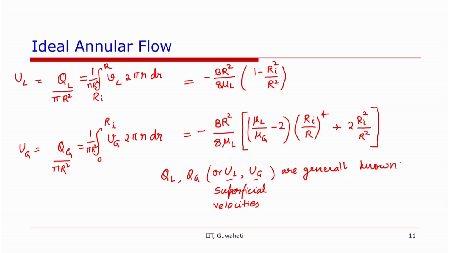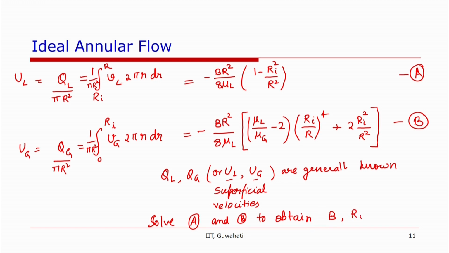So by knowing this, we have two equations, let us say equation A and equation B, and we can solve them to obtain B, which is the pressure gradient, and Ri.